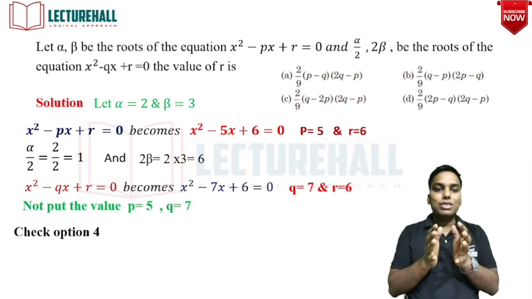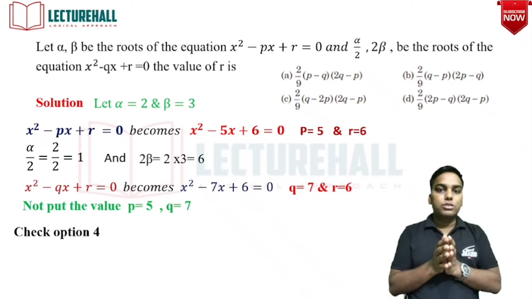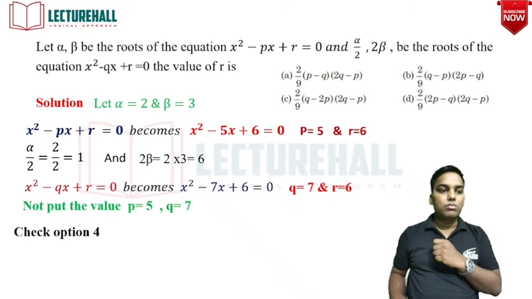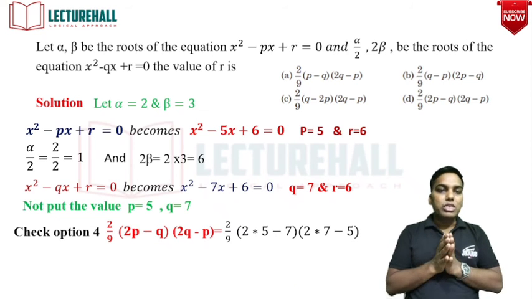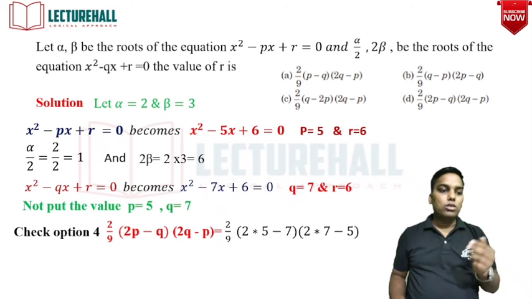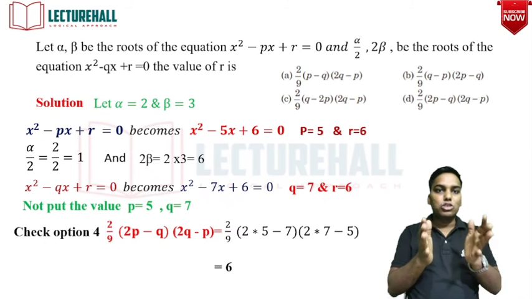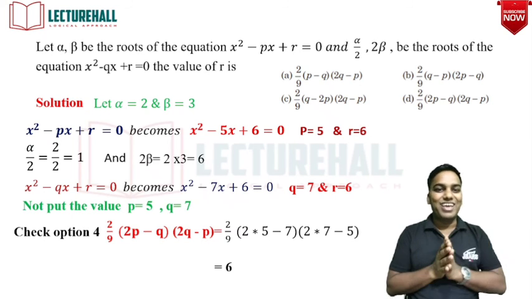Please understand, you have to check all the options one by one, then you will get an idea why the others are not the answer. Here I am only checking option number 4. Option 4 gives me 2p minus q, 2q minus p over 9, which gives me the answer 6. So this was the correct answer in the examination.